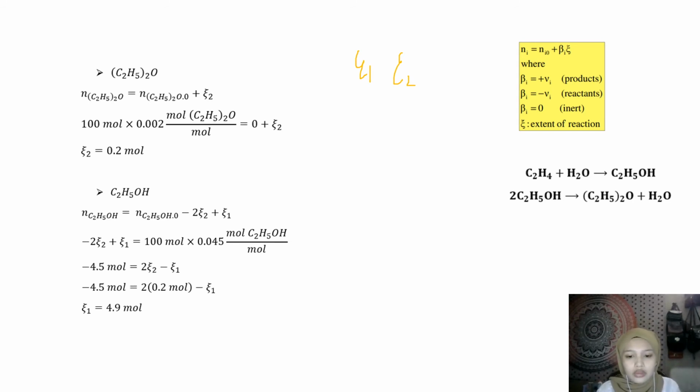First, the species we can use to find the extent of reaction 2 is the diethyl ether. So the number of mole of the diethyl ether at the output side, which is 100 mole multiplied by 0.002 mole diethyl ether per mole, equals the number of mole of the diethyl ether at the input side, which is 0 because the diethyl ether just acts as a product in this reaction, plus extent of reaction 2, because the diethyl ether is a product, so positive.